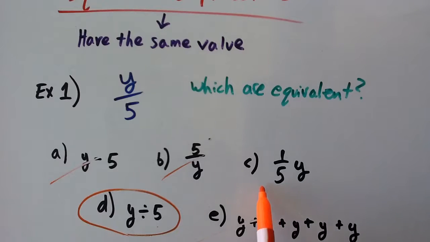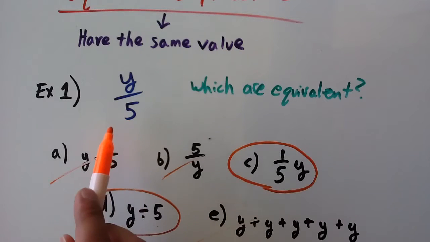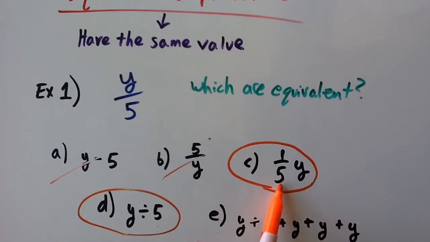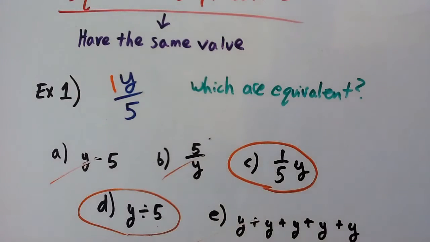Now letter C, I'll tell you, is equivalent. 1/5 y is the same as y divided by 5. The reason is because dividing by 5 is the same thing as multiplying by 1/5. Or we could say this: y over 5, there's actually a 1 in front of the y.